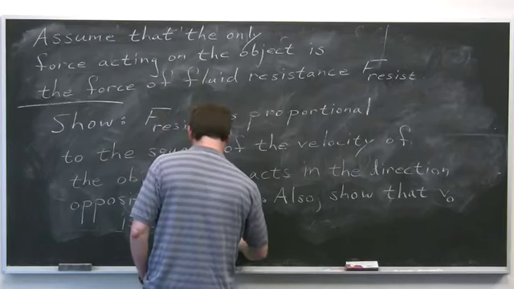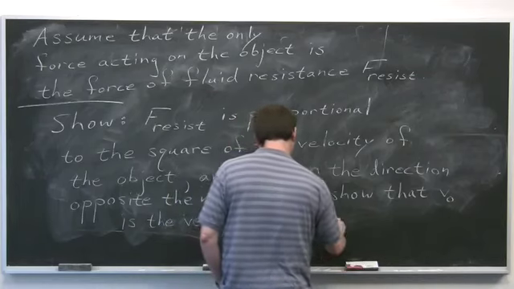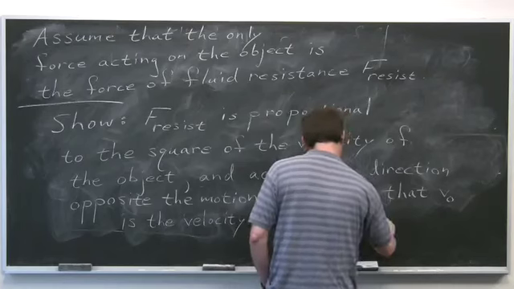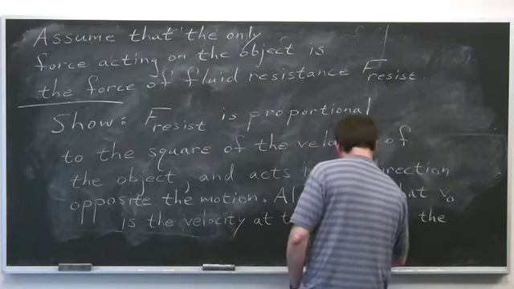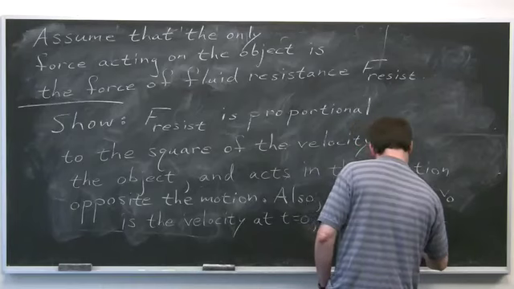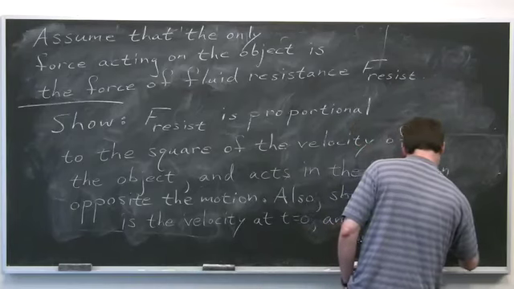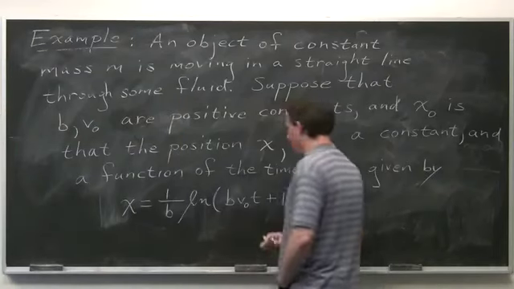The velocity of the object is the velocity at t equals 0. And x naught is the position at time 0. All right. Well, two boards worth of stating the problem.